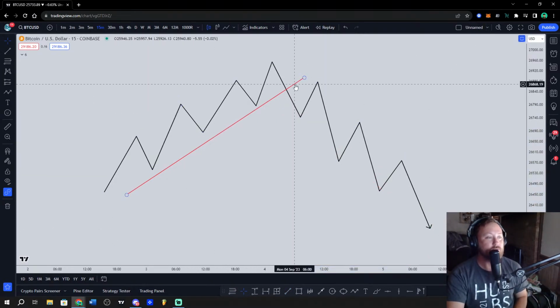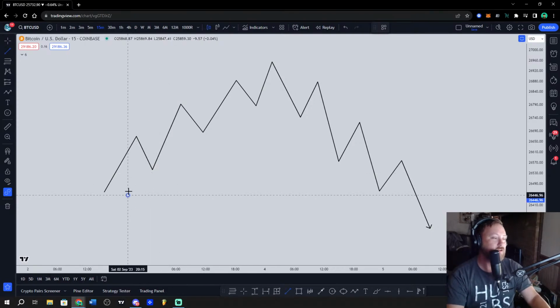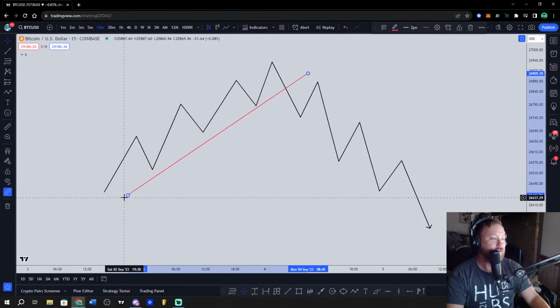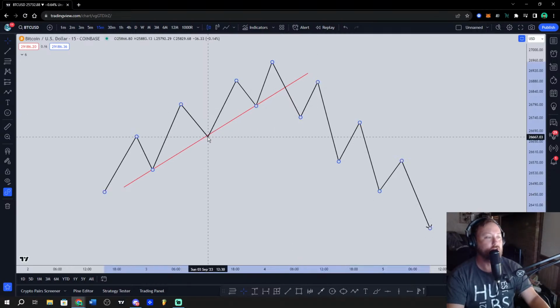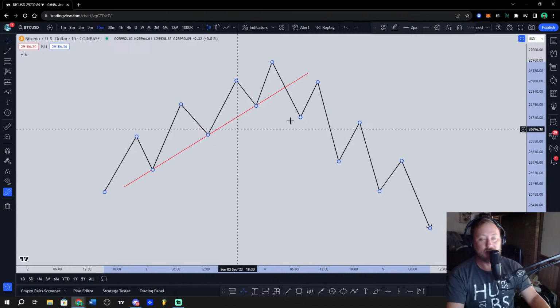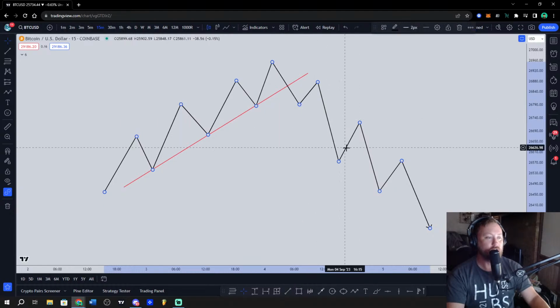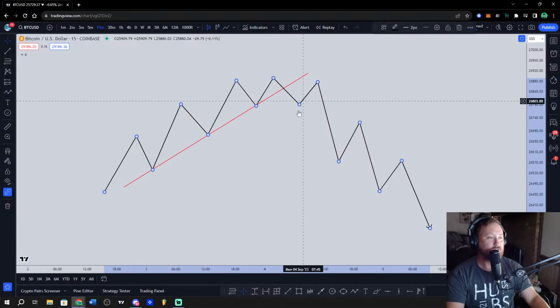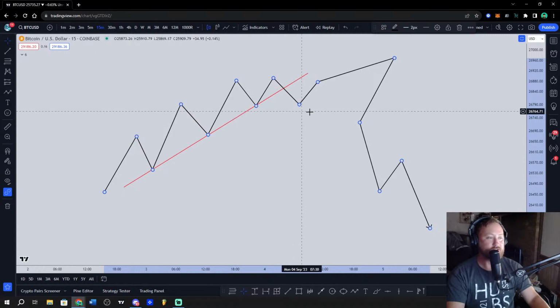Now, what sometimes people forget or don't know is that as long as you are holding your lows in a bullish environment, meaning you're not putting in any lower lows, so this doesn't exist, and we still have this, a lot of people would see this as bearish.